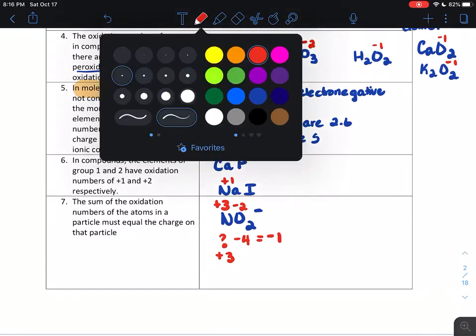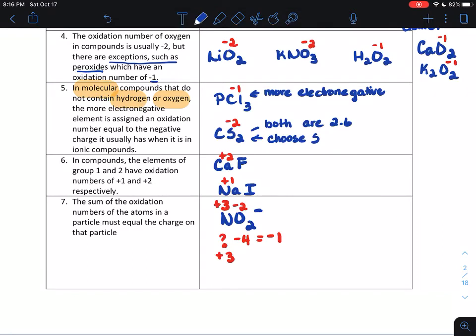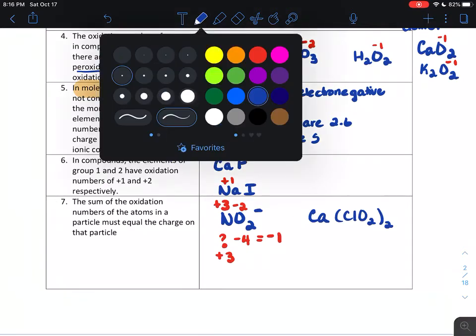So our second example is going to be an ionic compound. I'm going to write it a little bit lower. So, Ca(ClO2)2. Okay. So what I'm going to do here right away is assign the oxidation numbers that I know.